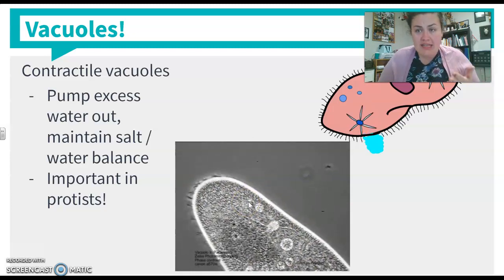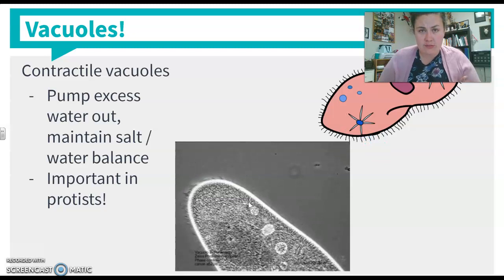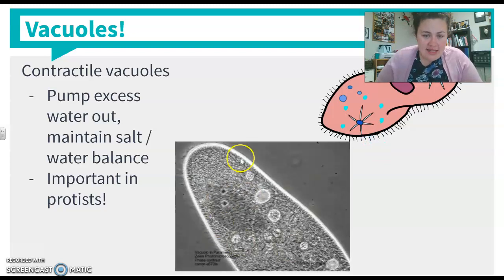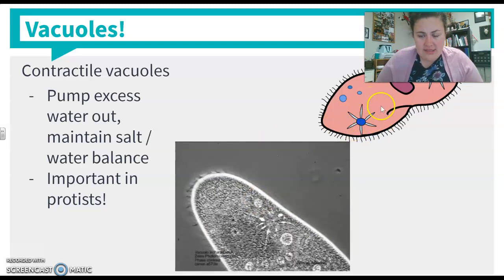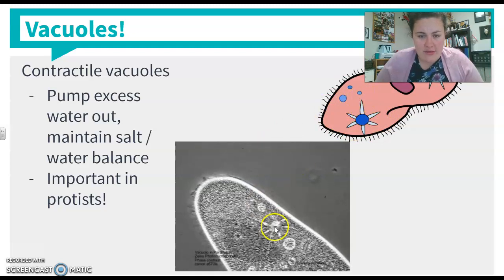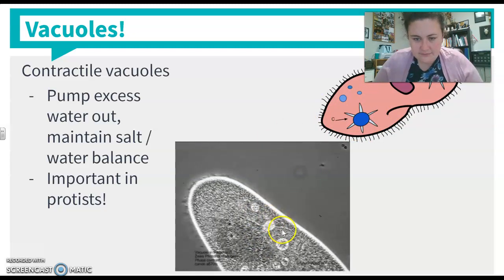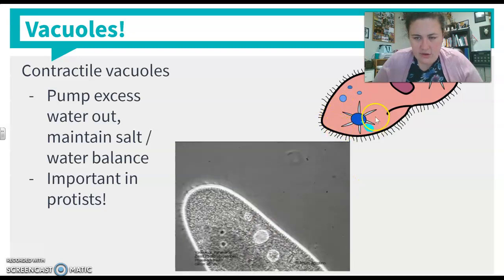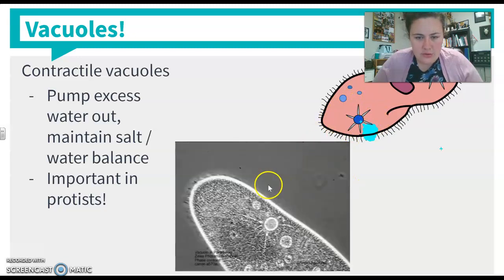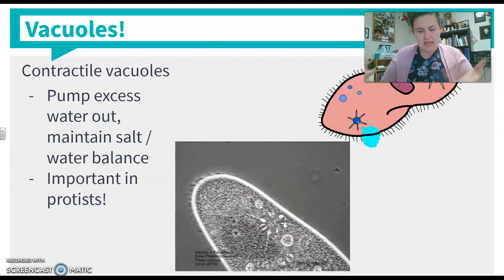You maintain your water balance and salt concentrations by peeing and drinking water. These guys are too small to do that, so this is functionally how they do that. And I just think it's neat. You can see it literally having all of these cytoskeletal components that are moving it in and out. It's cool.